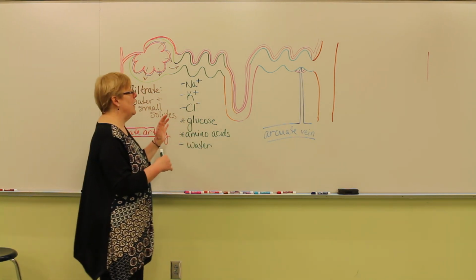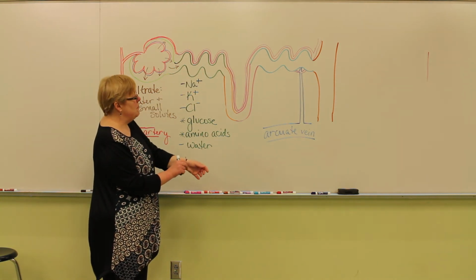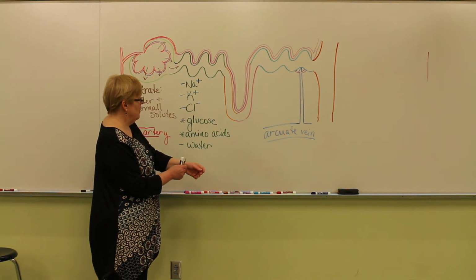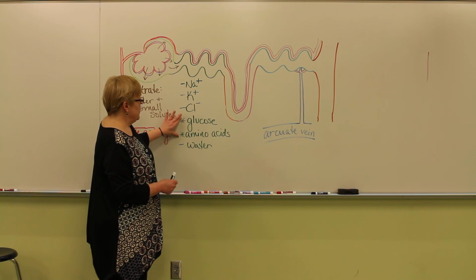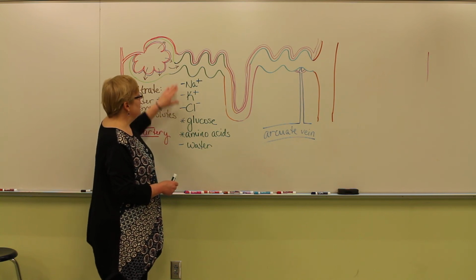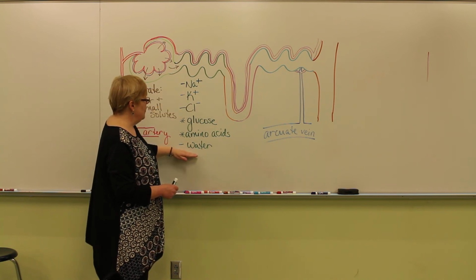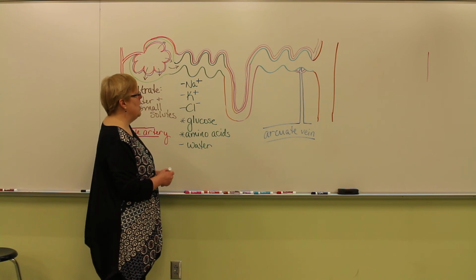And it's based on the number of transport proteins that are in the epithelium of that section of the tubule. Okay? All right, so the only place where we can reabsorb glucose and amino acids is here in the PCT. We can reabsorb ions and water elsewhere, and we'll have other opportunities to reabsorb those as well.